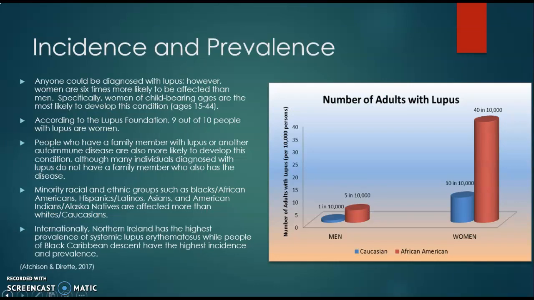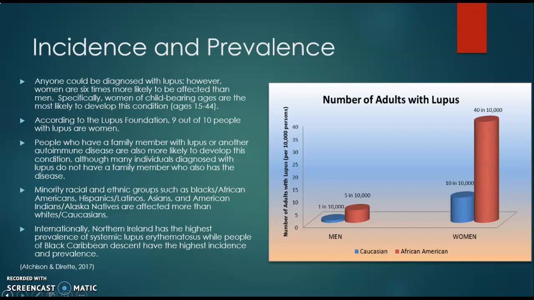Anyone could be diagnosed with lupus, however, women are 6 times more likely to be affected than men, and this affects childbearing ages the most, so ages 15 to 44. 9 out of 10 people with lupus are actually women. I provided a little chart there for you guys as well to the right that shows men and women, and then Caucasian versus African American.